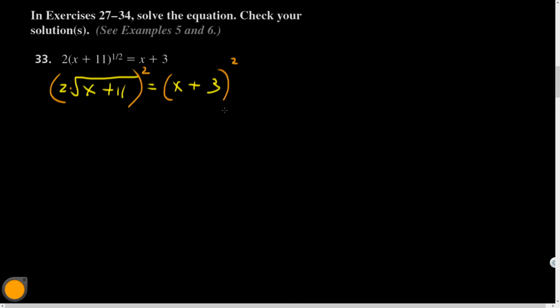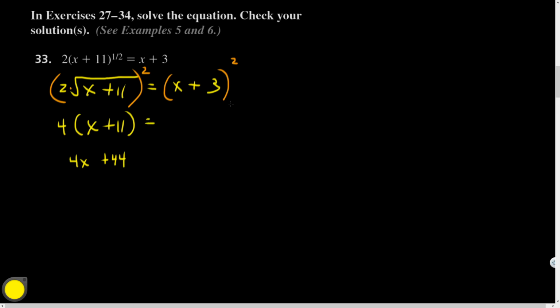I'm going to choose to do that to avoid fractions, but I'm going to have to play it careful. 2 squared is 4 times this whole thing squared becomes x plus 11. And it'd be super tempting to just drop those parentheses, but I'm actually going to have to distribute that 4 in a second.